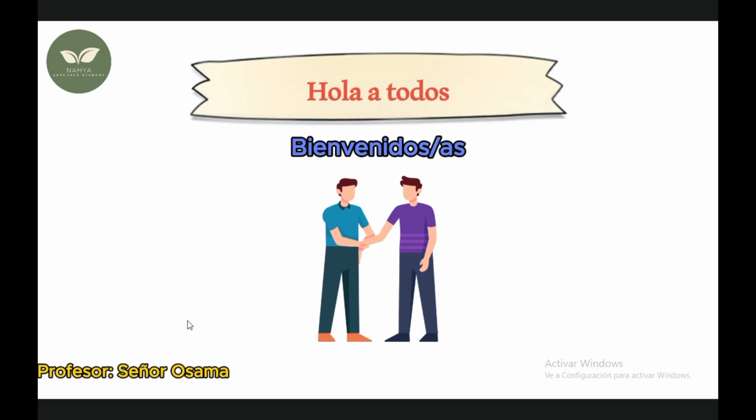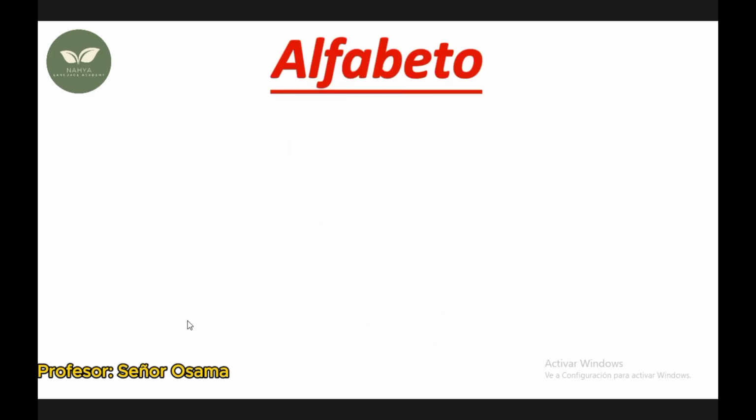Okay, so as we know, the Spanish language is the second or the third most spoken language in the world. We can find it in Spain, in South America, and in some countries in Africa. So first we start with the alphabet. The alphabet in Spanish is alfabeto.